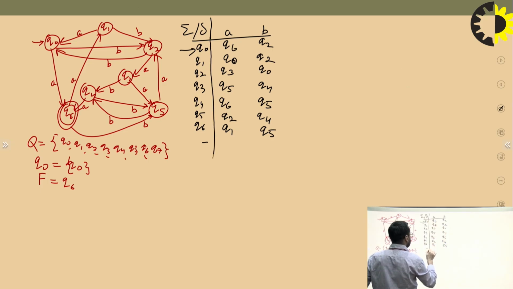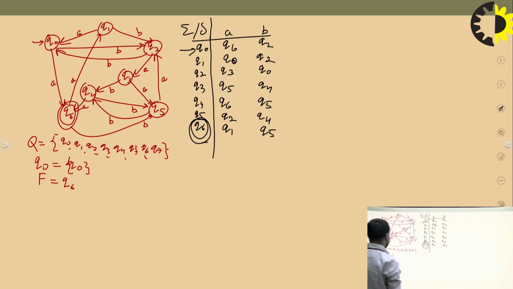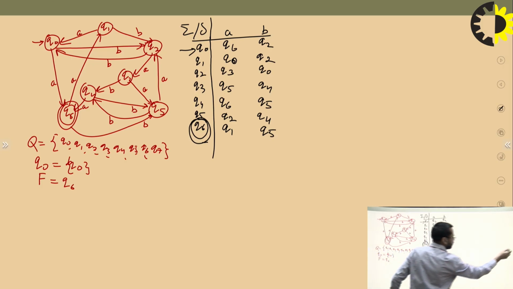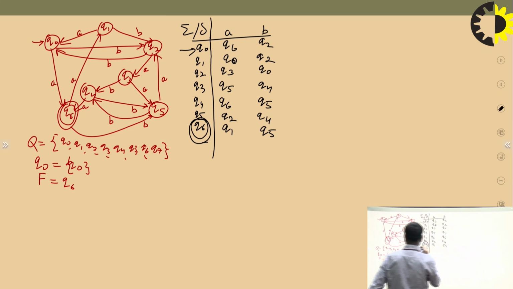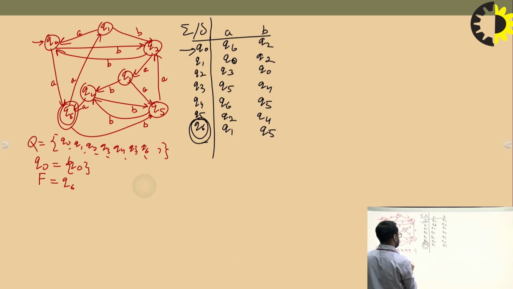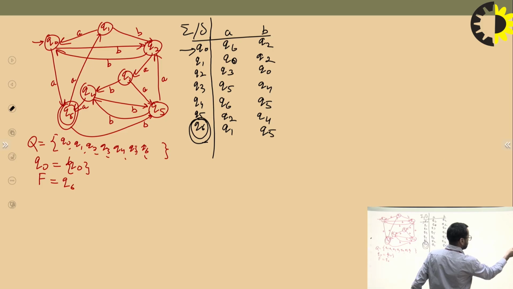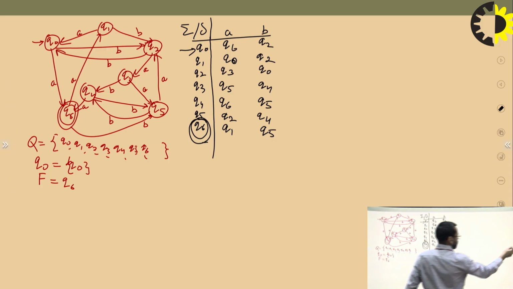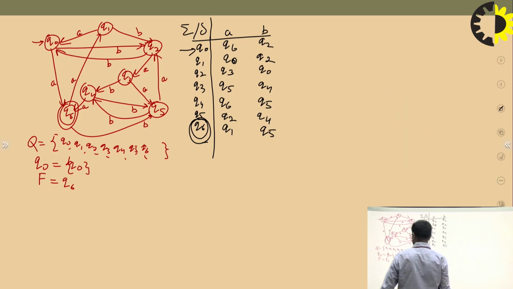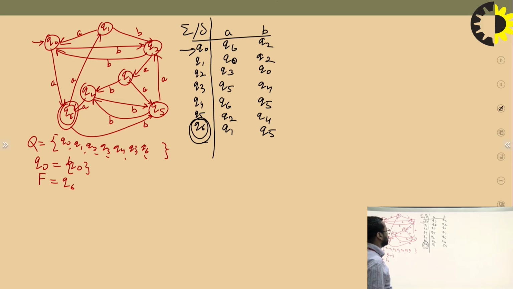Basically, in this given question, we have only Q naught to Q6 states.